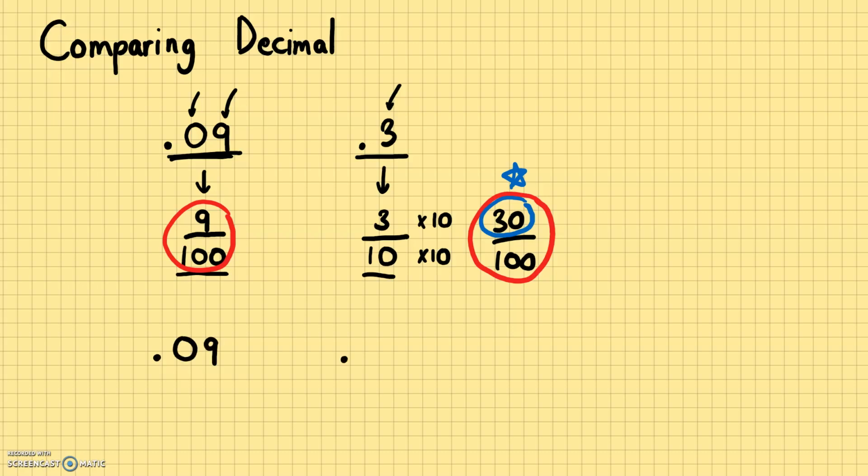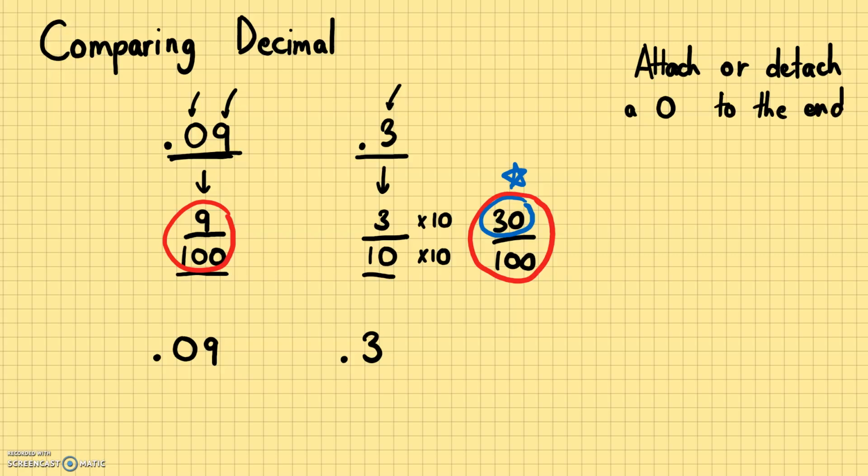before I tell you the method of comparing decimals, I'd like to tell you one rule with decimals, and that rule is you can attach or detach a 0 to the end of decimals. What does that mean?